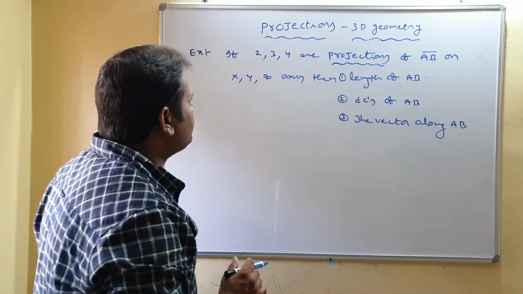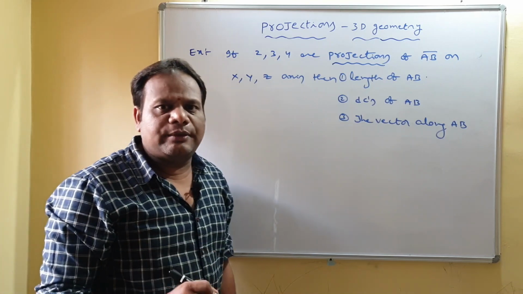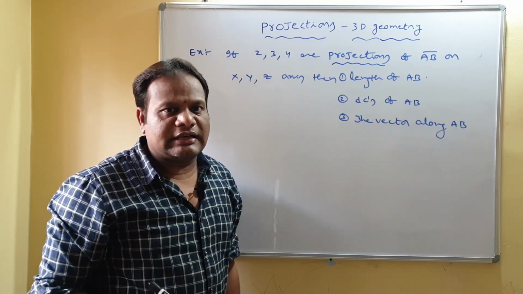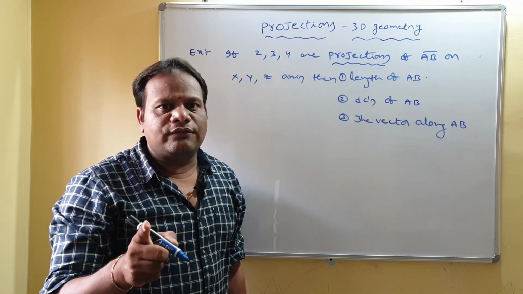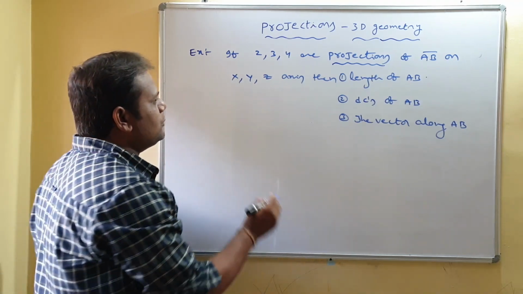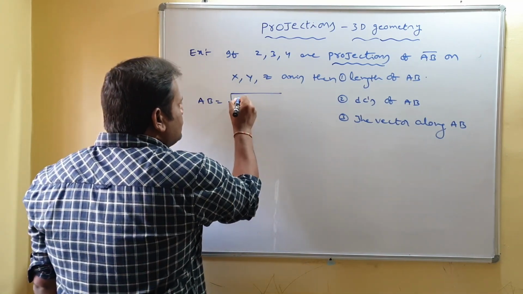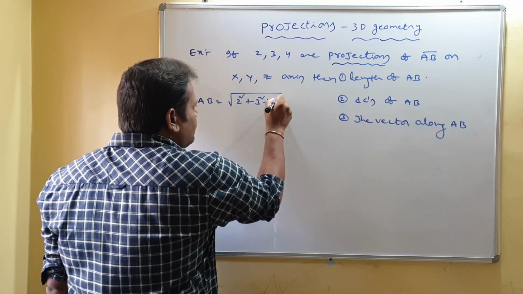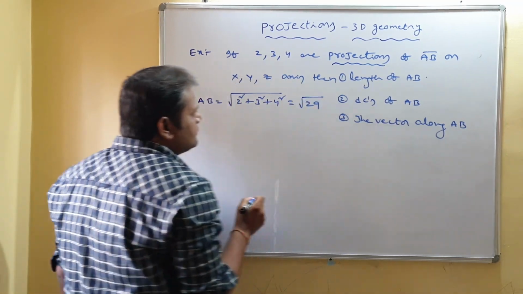Already we know that if d1, d2, d3 are projections of AB on the xyz axes, then the length AB is square root of d1 square plus d2 square plus d3 square. So here the length AB is root over 2 square plus 3 square plus 4 square, so it is root over 29.